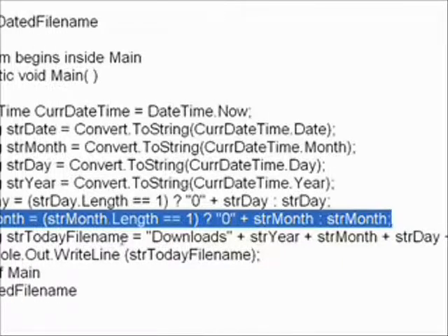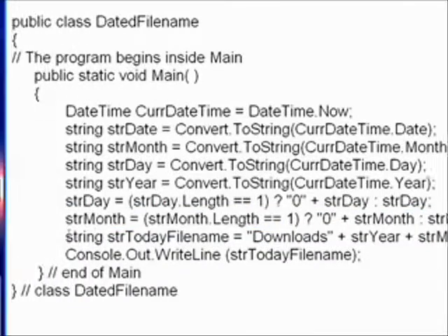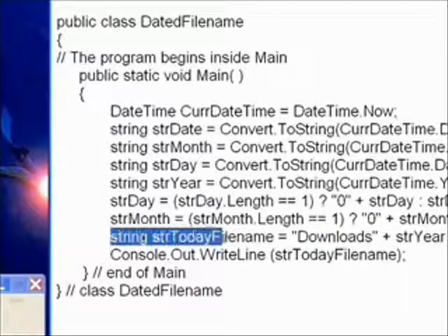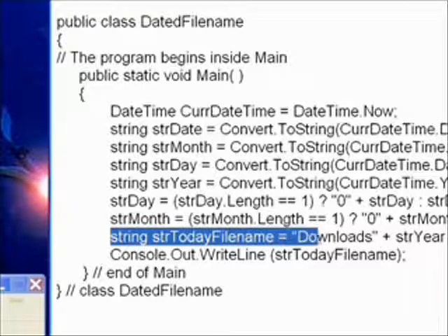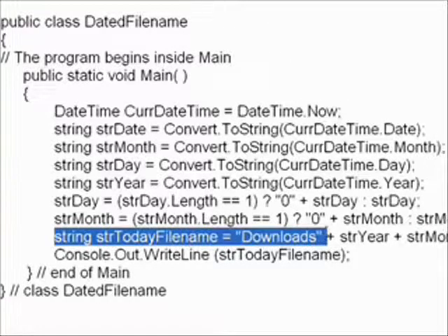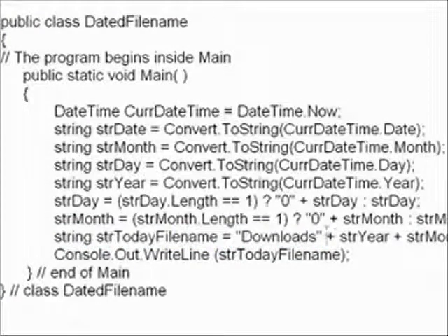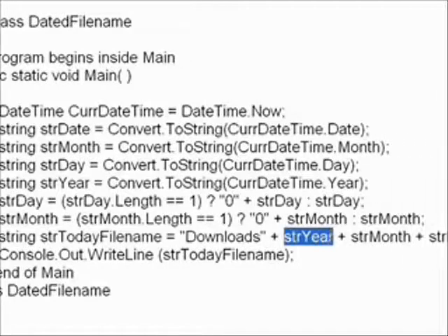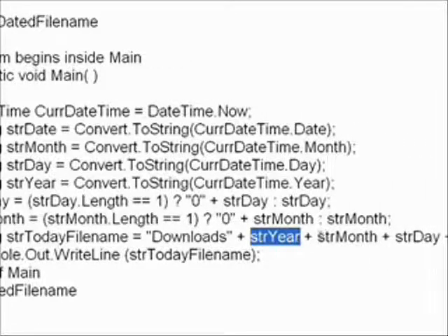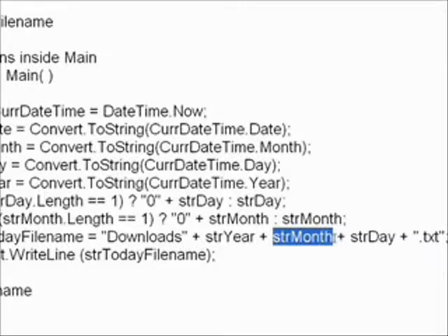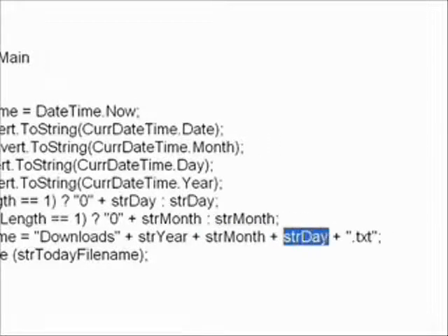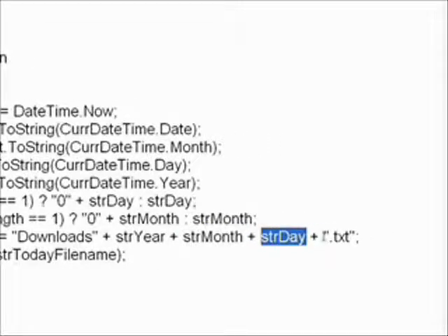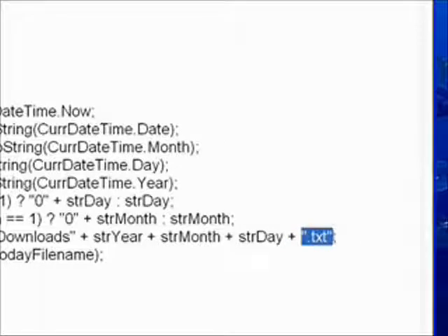And then finally we have a big string that starts with the name downloads, then puts the year concatenated onto it, then the month concatenated onto it, then the day concatenated onto it, and finally concatenates the extension .txt, since all our history files are going to be .txt.